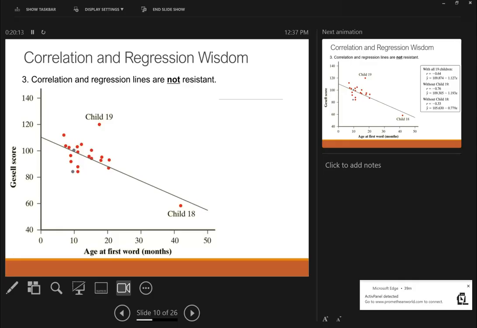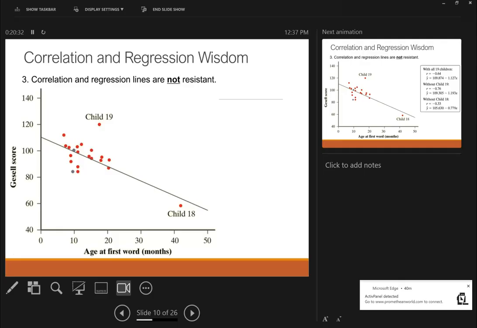All right, let's talk about the effect of outliers on R values. So if you look at this scatter plot, there are two potential outliers. This is about the age of a child and its Gessel score, which has to do with their vocabulary, I think.